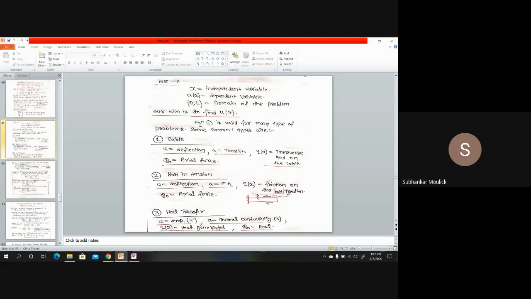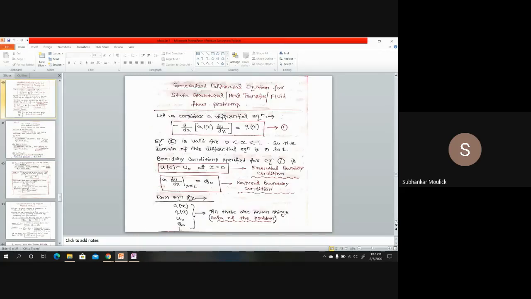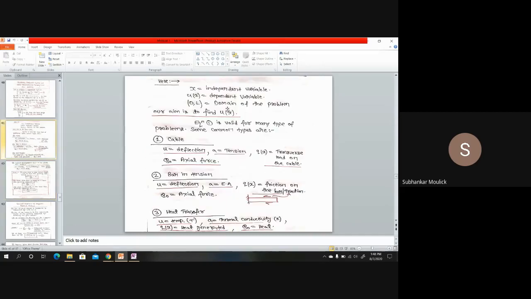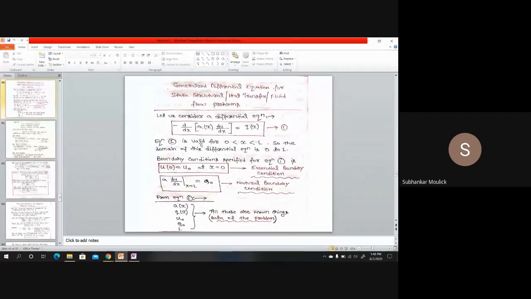And similarly, that same differential equation I can write for a fluid flow problem also. That means if I have any laminar incompressible flow through a pipe, then also this equation is applicable, but some things will change. What all things will change? These values will change.